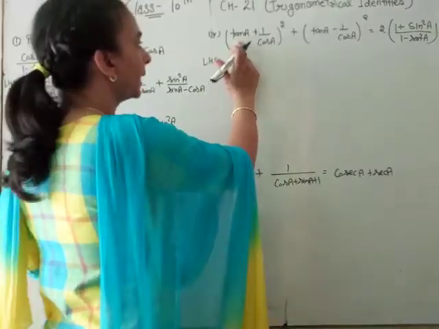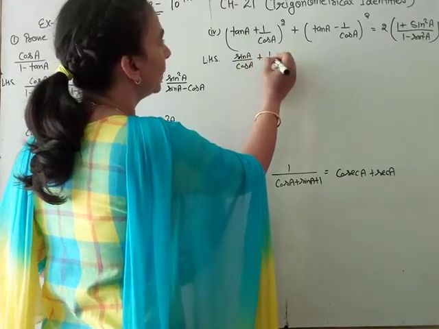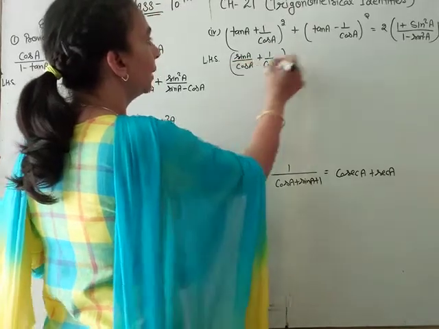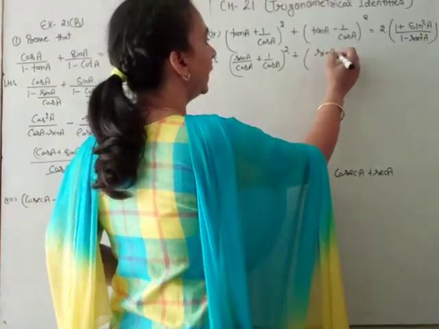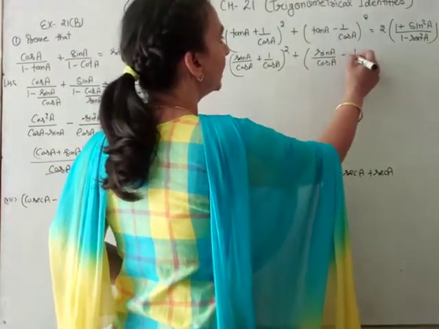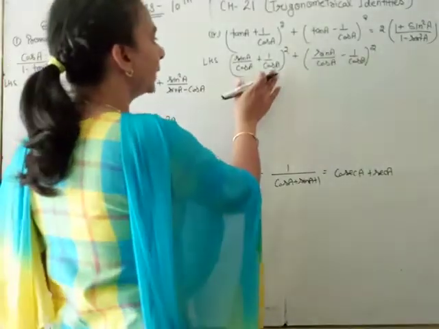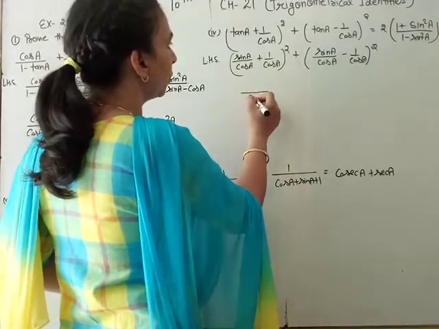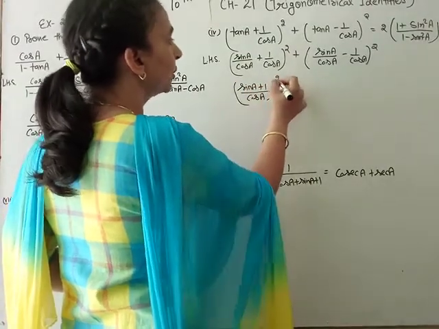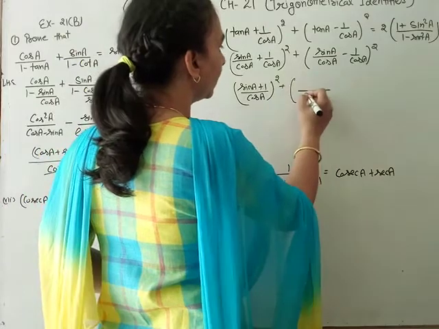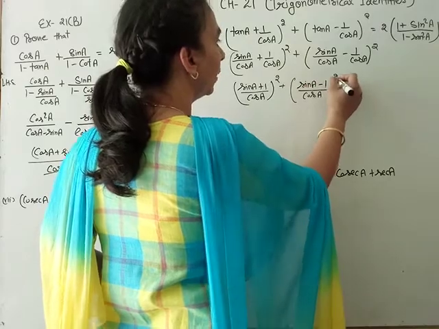In place of tangent A we write sin A by cos A, plus 1 by cos A, whole square, plus the same with minus. Taking LCM cos A, this equals (sin A plus 1) whole square over cos square A, plus (sin A minus 1) whole square over cos square A.